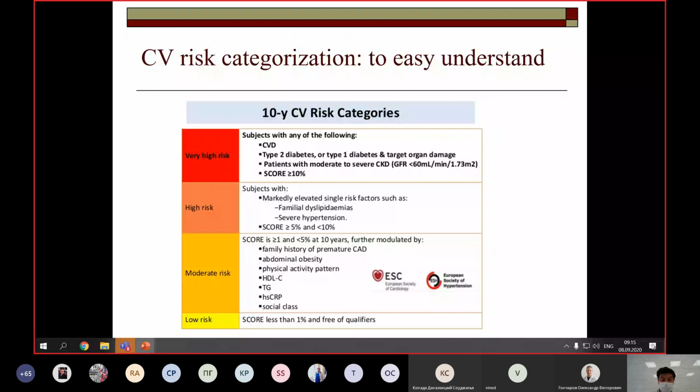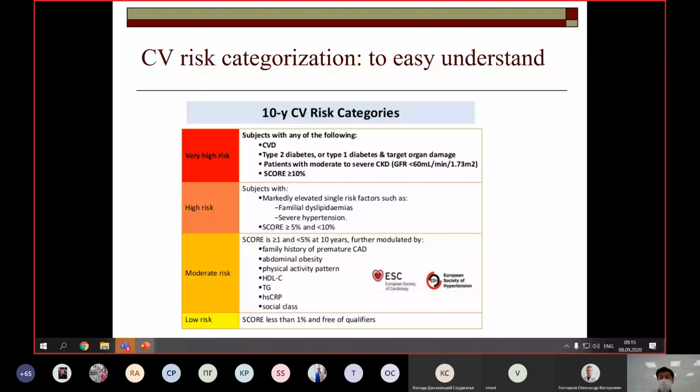Pay attention that 10%, 5%, 3%, and other percentages are reported to qualify the 10-year categorization of cardiovascular risk. This is the assumption that the patient will die within some period, 10 years, for instance.